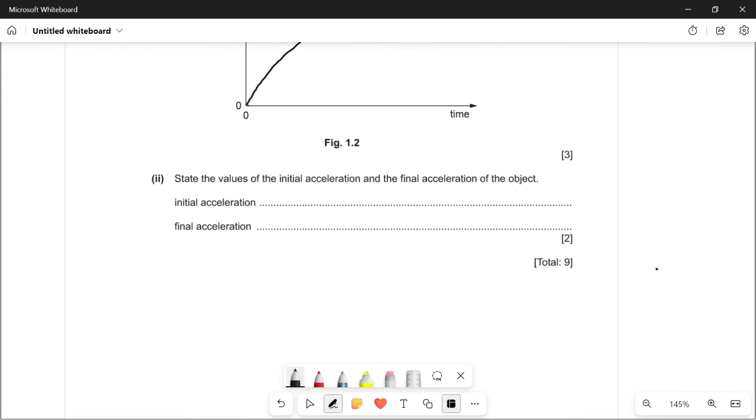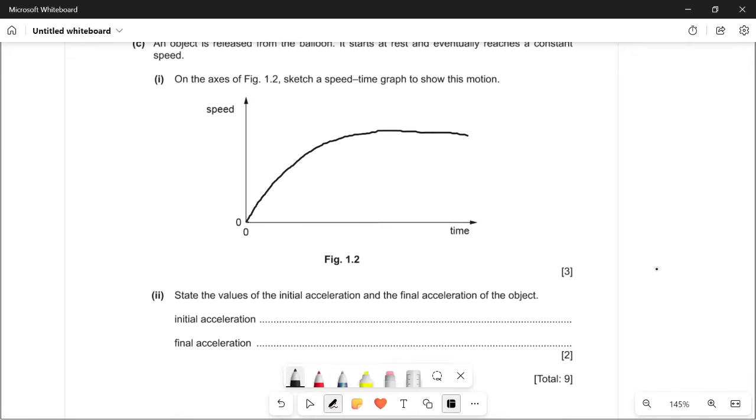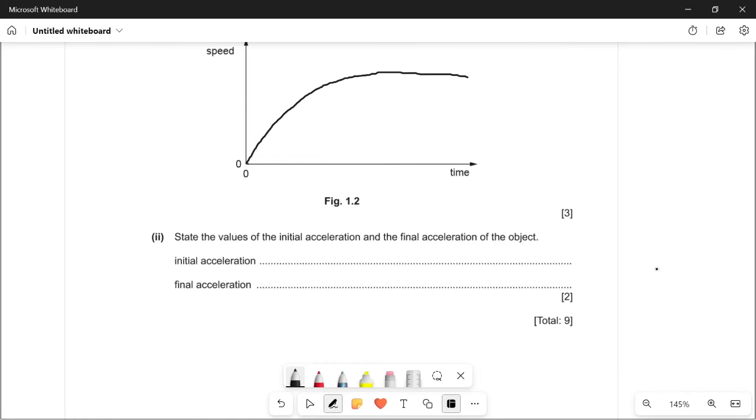The next one: state the values of the initial acceleration and the final acceleration of the object. We don't have any values on this graph, but we all know that on Earth, any falling object has an acceleration of approximately 10 meters per second squared.